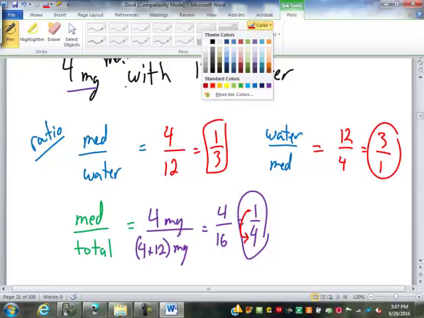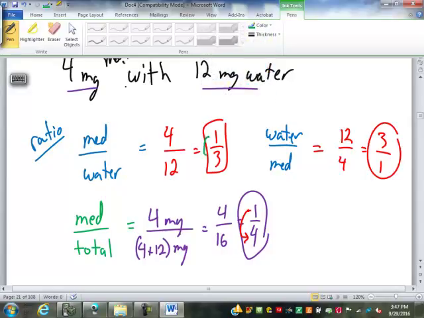Up here, this 1 is not included in the 3. Those are totally separate ingredients. So that's why it's 1 compared to 3. 1, 2, 3. Down here, since the 1 is part of the 4, it's 1 out of the 4 parts. And then, of course, I can do the ratio of water to total.